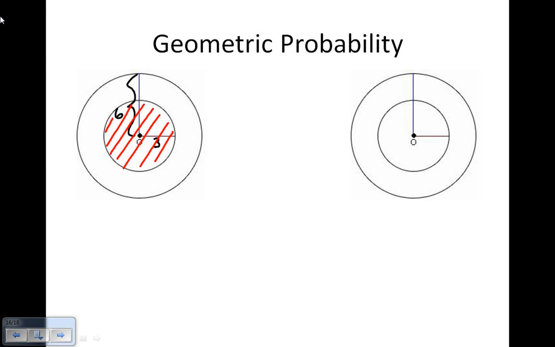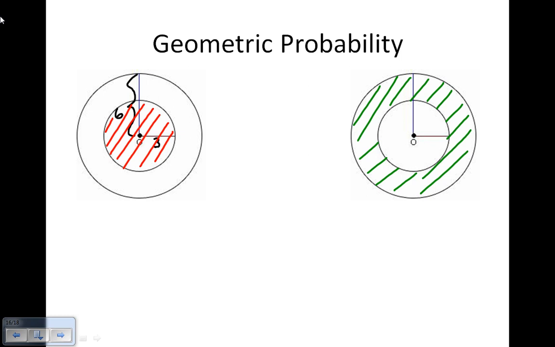The second time, I'm going to find the probability of hitting this donut that is formed by the outside circle minus the inside circle. So this donut is either called a donut, a ring, or an annulus. You'll see those problems a lot.